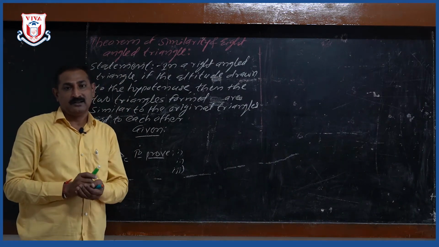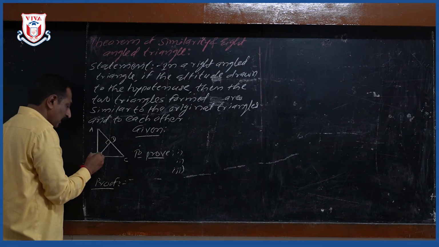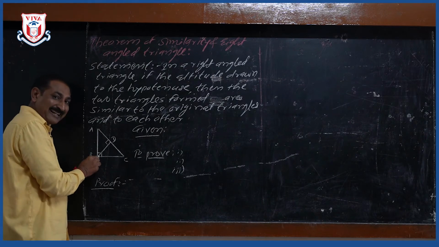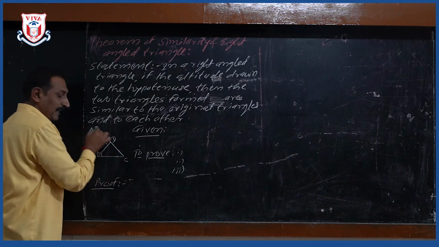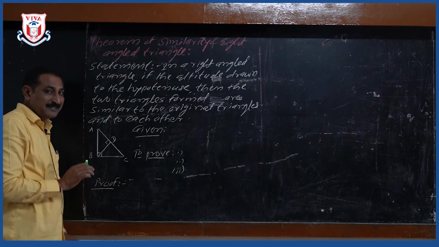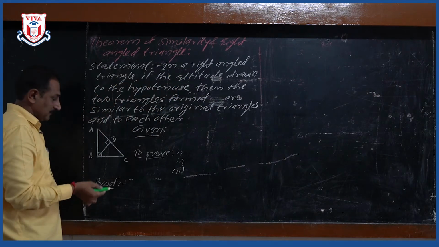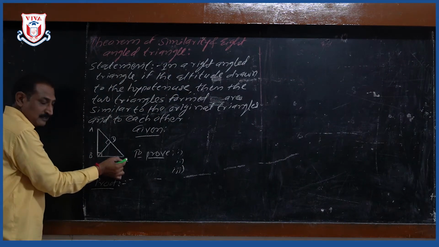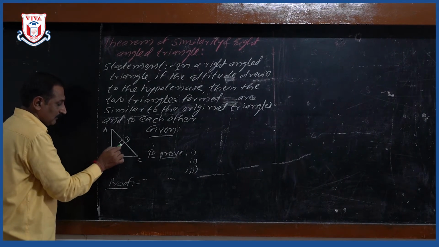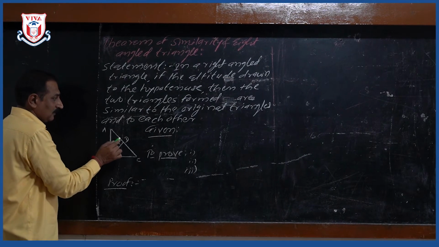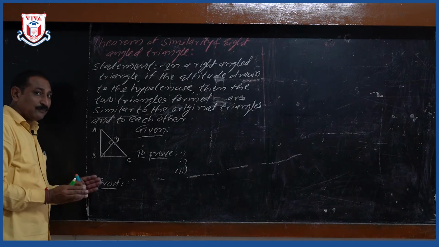From this statement, we draw the triangle ABC, in which angle B is a right angle, meaning 90 degrees. In this right angle triangle, if the altitude is drawn to the hypotenuse, this is the hypotenuse, the altitude drawn from angle B is BD, BD perpendicular to AC, then it forms two triangles.